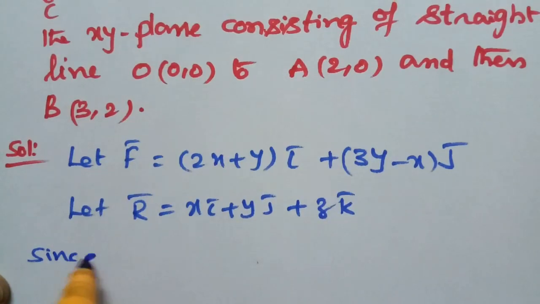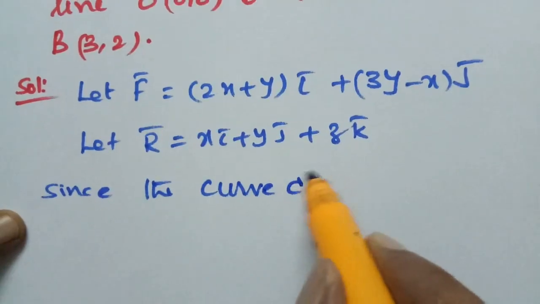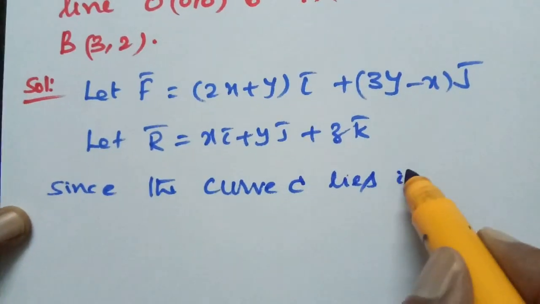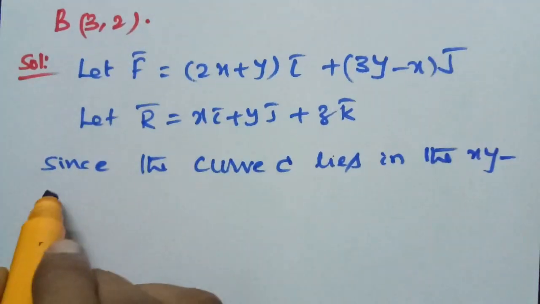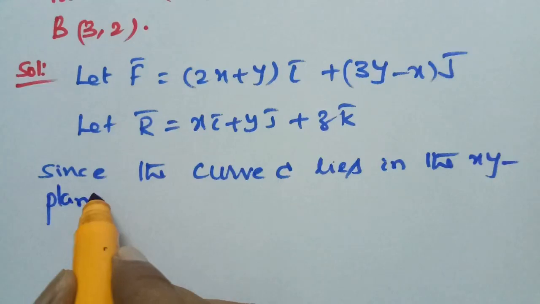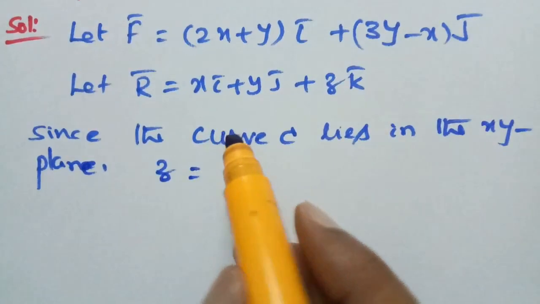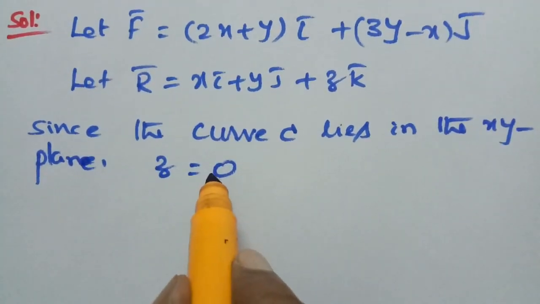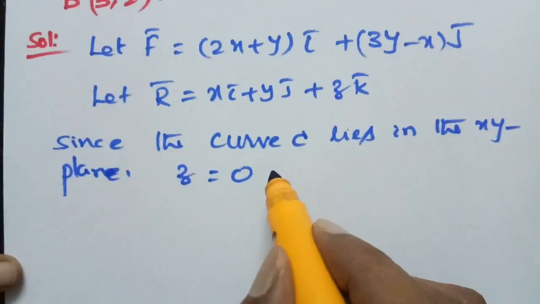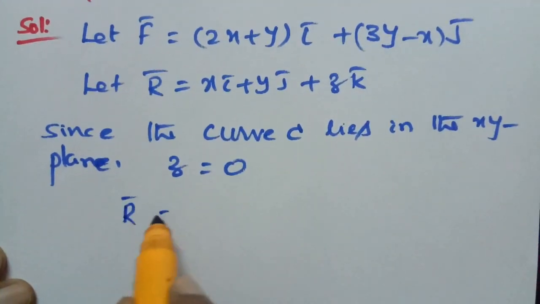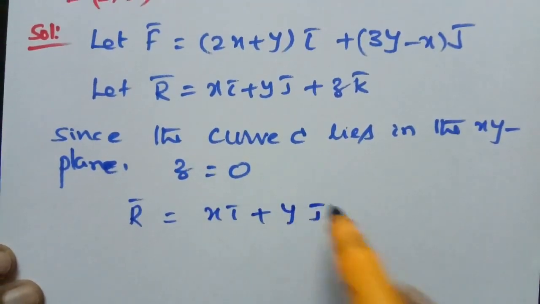Since the curve C lies in the xy plane, z is equal to 0. So therefore r bar is equal to x i bar plus y j bar.